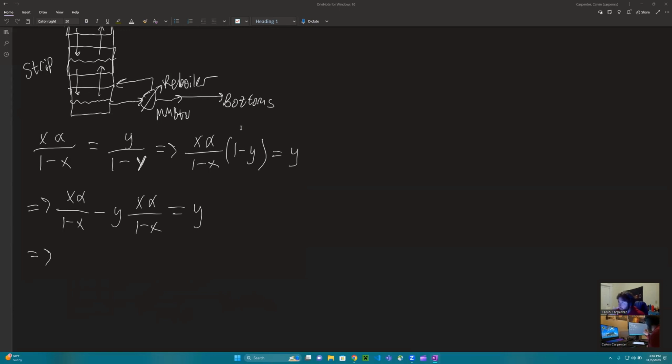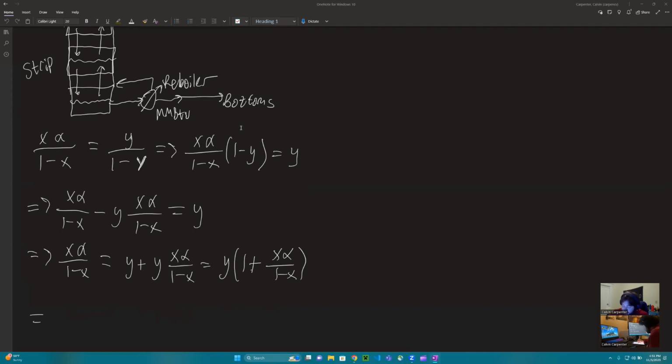And then we can move the term to the other side. So x alpha over 1 minus x equals y plus y times x alpha over 1 minus x. That's going to be equal to y times 1 plus x alpha over 1 minus x. And then we want to put all the terms attached to the y in terms of 1 minus x.